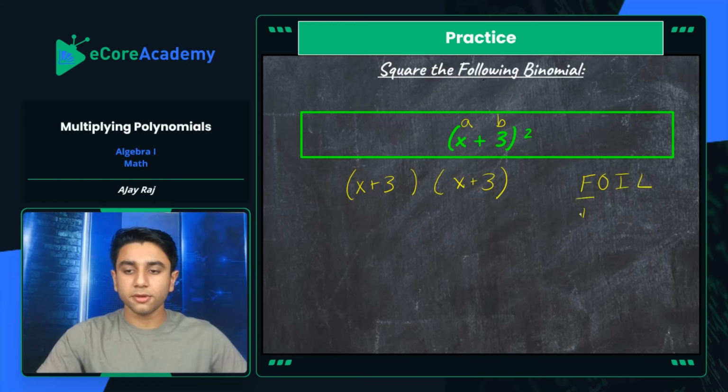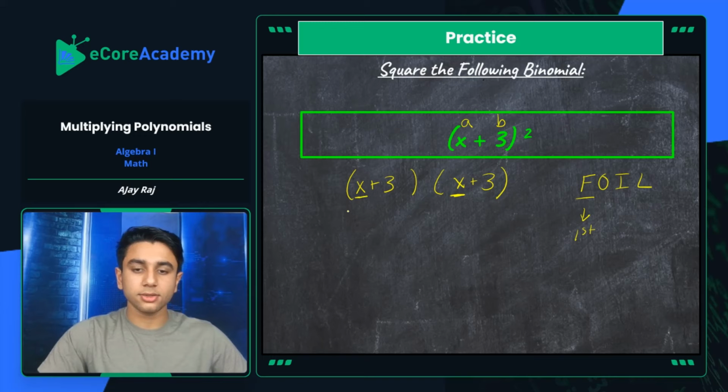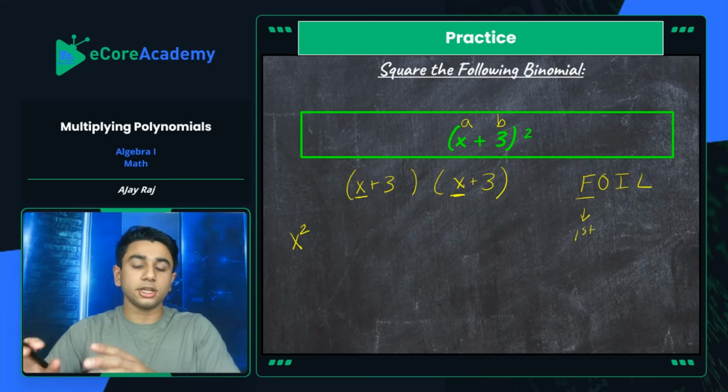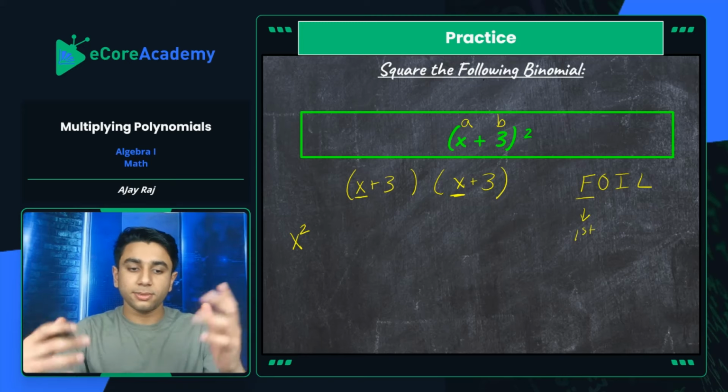Now F here is going to be our first term. So we're going to multiply the first terms of each expression first. That's going to be x and x. When we multiply those together, we get x squared. Remember, we want to make sure that we multiply each value from the left-hand side expression by each value on the right-hand side expression to make the full expanded form.